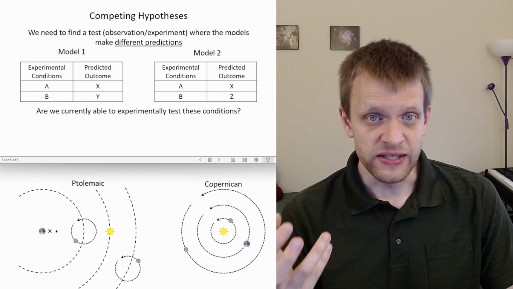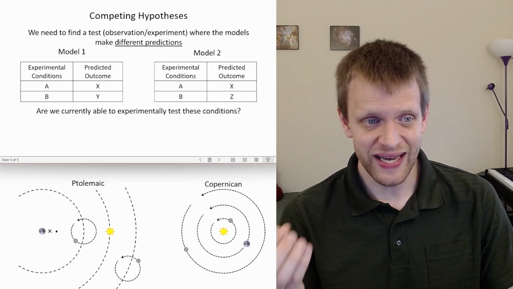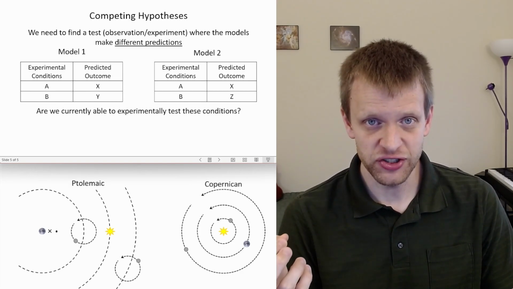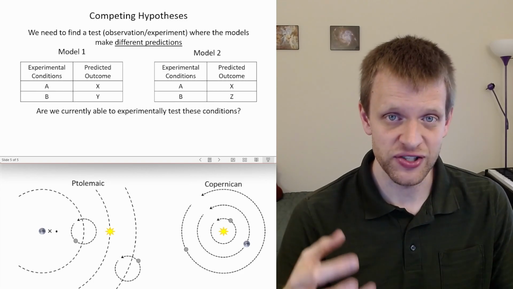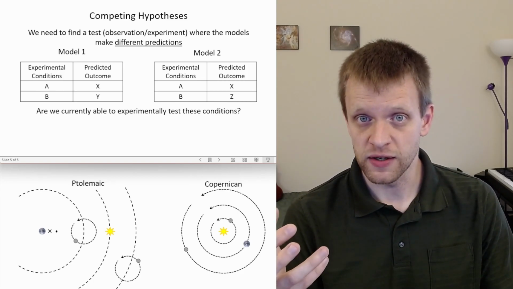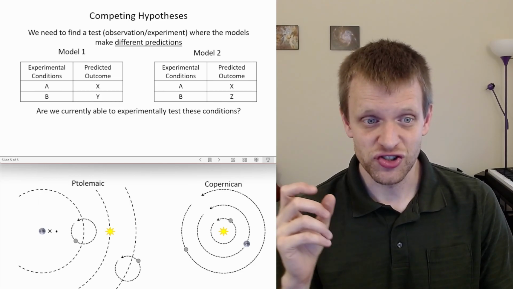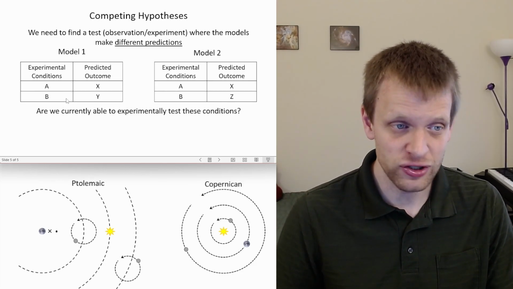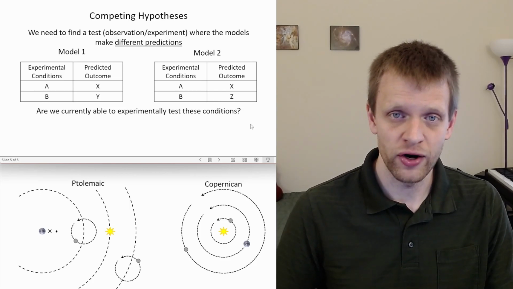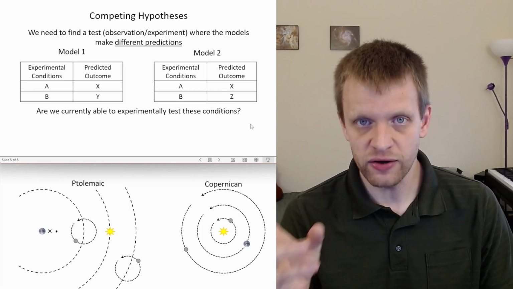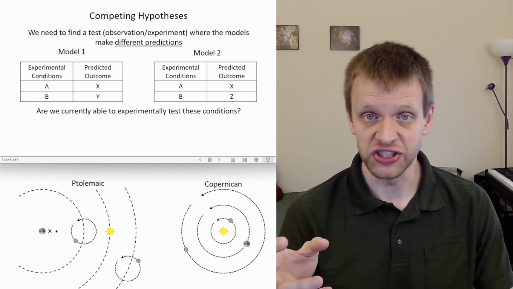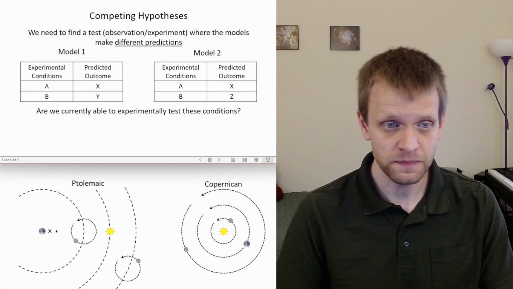Well, the problem is, with some of these models, we don't yet have the ability to experimentally test some of these conditions, especially when you get into extensions of the standard model along the lines of string theory. With string theory, some of those differences where we would actually see a difference from the standard model require phenomenally high energies, and we simply don't have the technology to be able to test those.